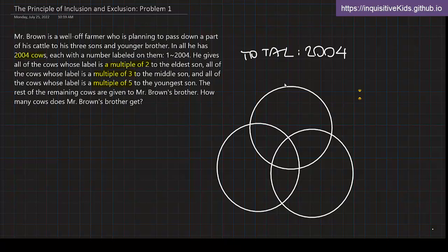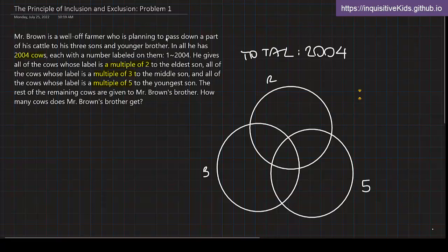So first, I'm going to call this top circle multiples of 2, multiples of 3, and multiples of 5. First, let's find out the middlemost number, because when there are times like this, it's easiest to find the middle part first.